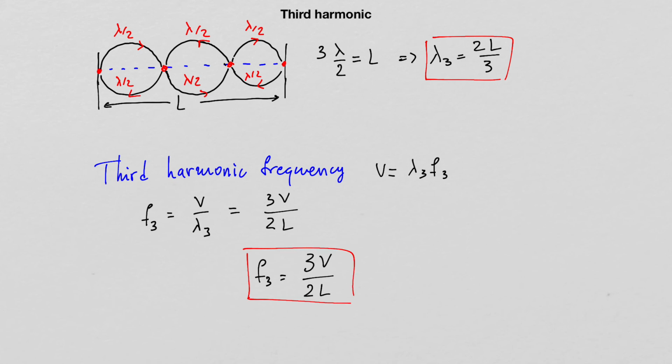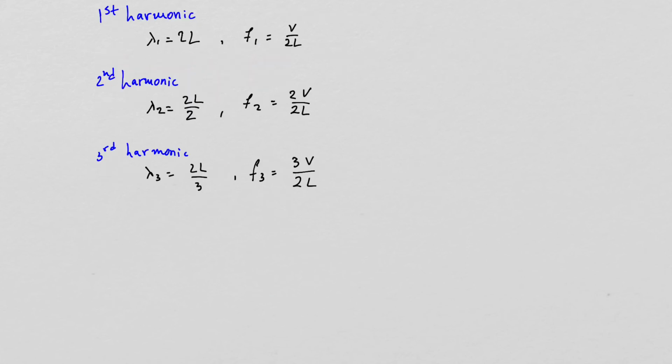Okay, so now I can derive a general expression for the wavelengths and for the frequencies of the harmonics that can be excited on this string. So here is a summarized list of the formulas for a wavelength and frequency for each harmonic.